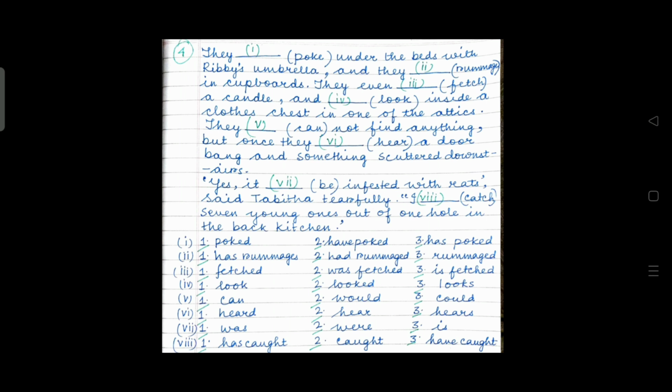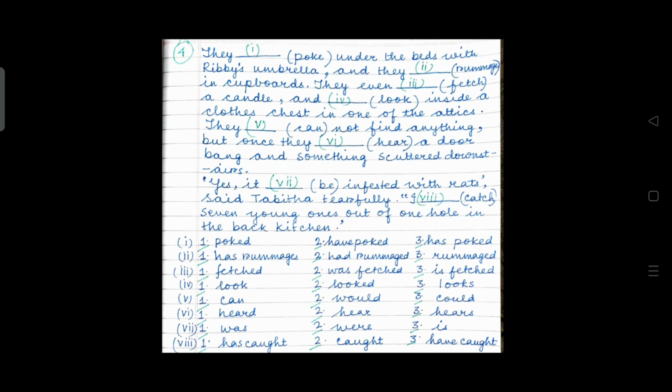I dash catch 7 young ones out of one hole in the back kitchen. I has caught, I caught, or I have caught. The right answer is option 2, I caught 7 young ones out of one hole in the back kitchen.